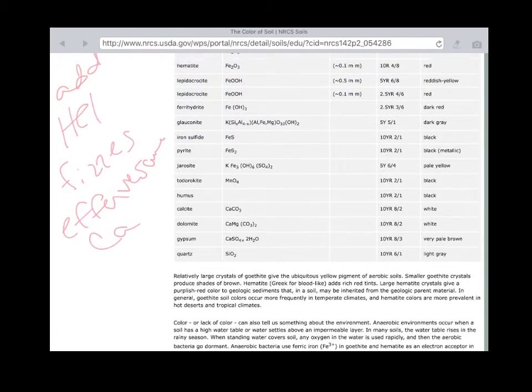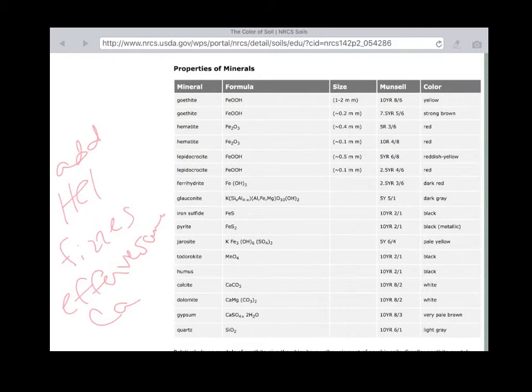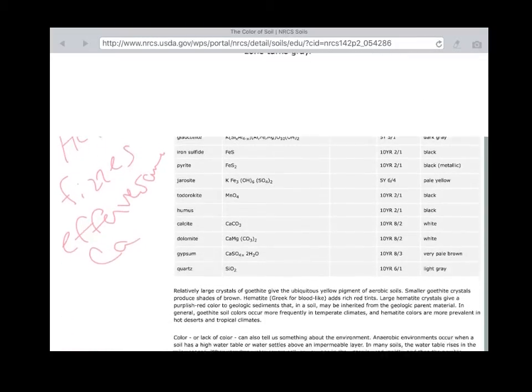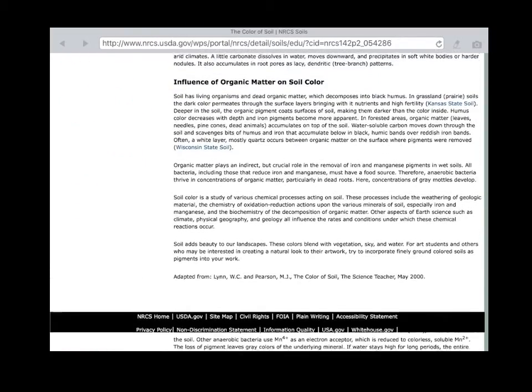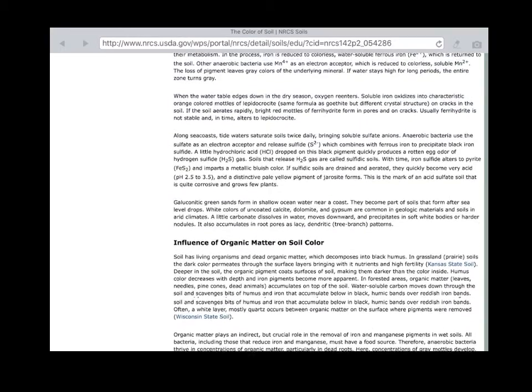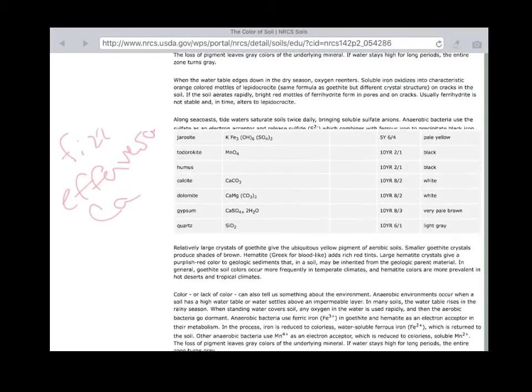So here is some of the basics, the mineral that would be in it, and that would be the color. And this is just a basic chart on that. If you have water going into the soil, you get a mottled look or a grayish color to it.